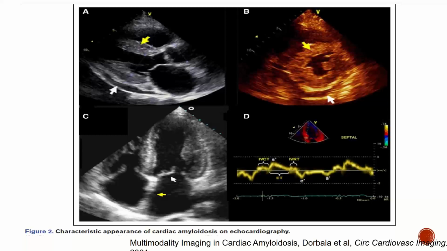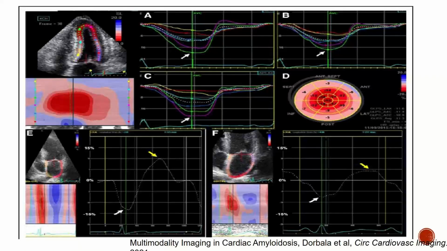Another feature is lengthening of the isovolumic contraction time and isovolumic relaxation time with shortening of the ejection time. All these are signs of advanced amyloidosis. And again, the cherry on top or apical sparing pattern of amyloidosis is seen in these kinds of patients.